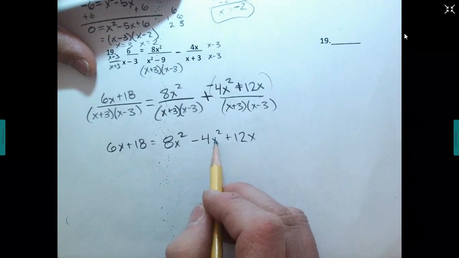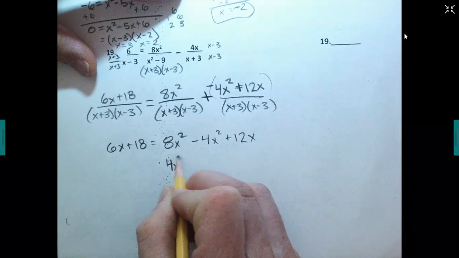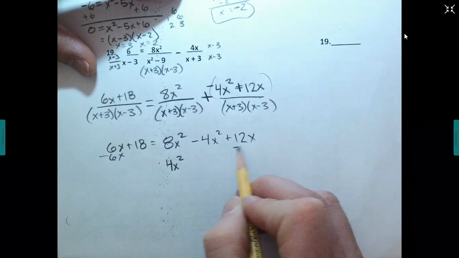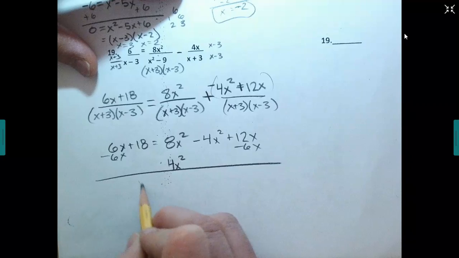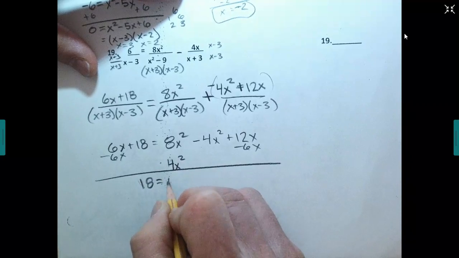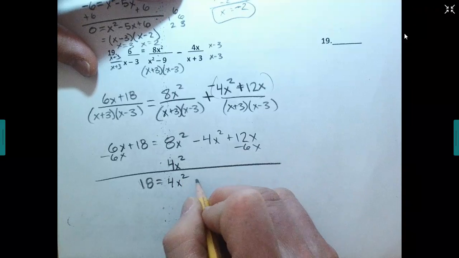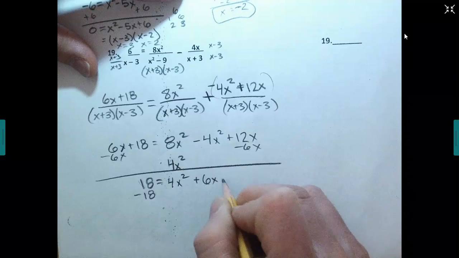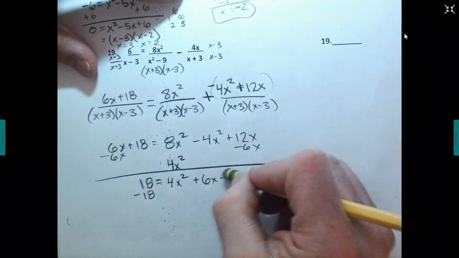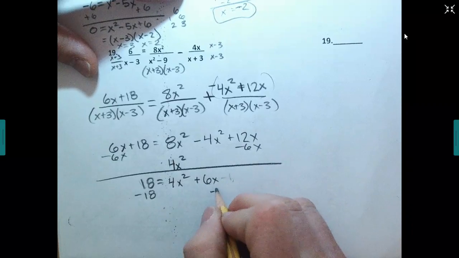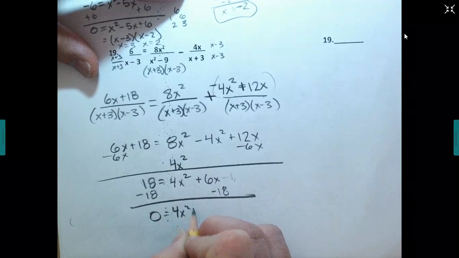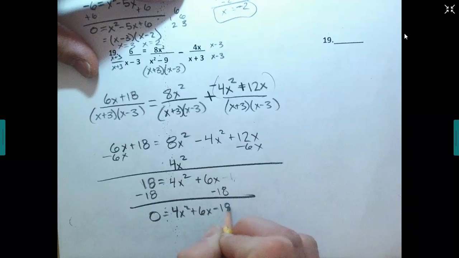So 8x squared minus 4x squared, so that would be 4x squared. And then let's go ahead and take this 6x off of this side. So I'm left with 18 equals 4x squared plus 6x. Zero equals 4x squared plus 6x minus 18.